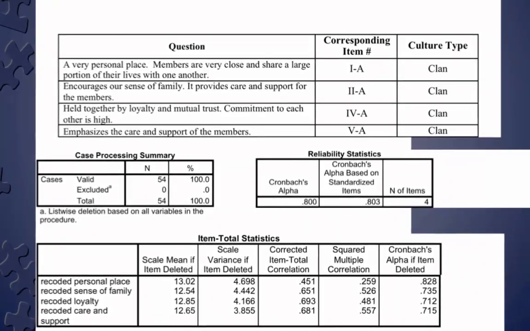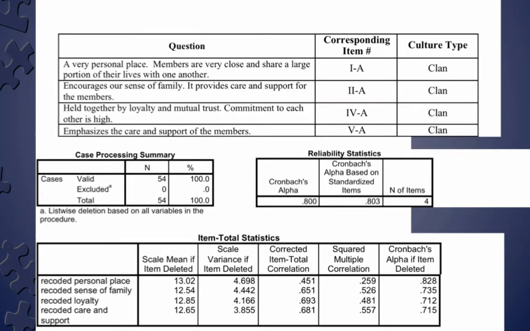So how many individuals are included in this analysis? 54. How many of them were excluded? None of them. How many items are included in the internal consistency analysis here? Well, we see the number of items is 4, all 4 of these questions.